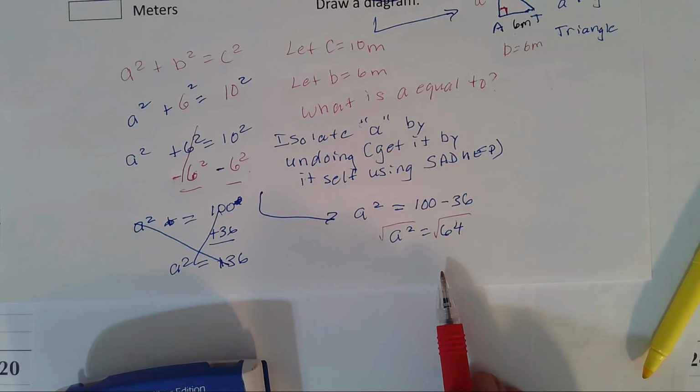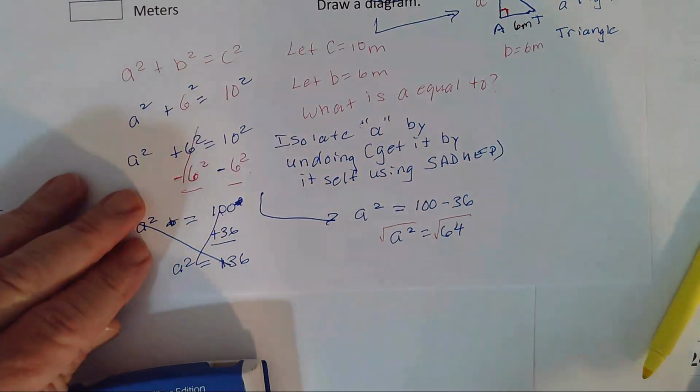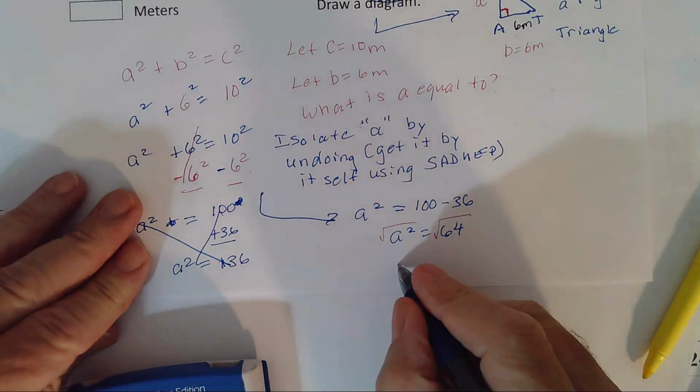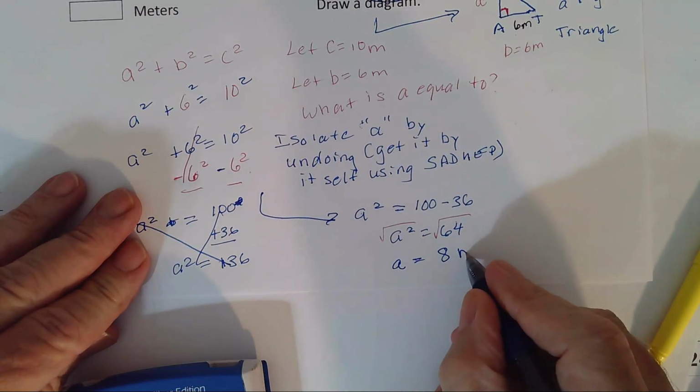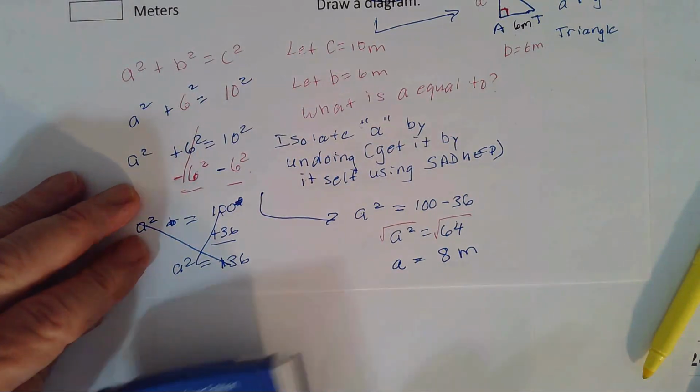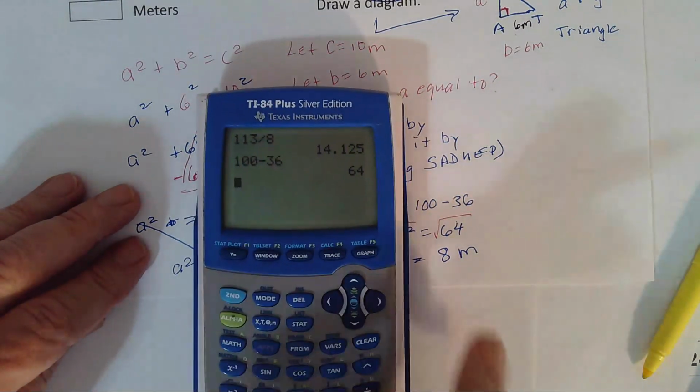Remember, 1 times 1 is 1, 2 times 2 is 4, 3 times 3 is 9, 4 times 4 is 16, 5 times 5 is 25, 6 times 6 is 36, 7 times 7 is 49, 8 times 8 is 64. So obviously A equals 8 meters.